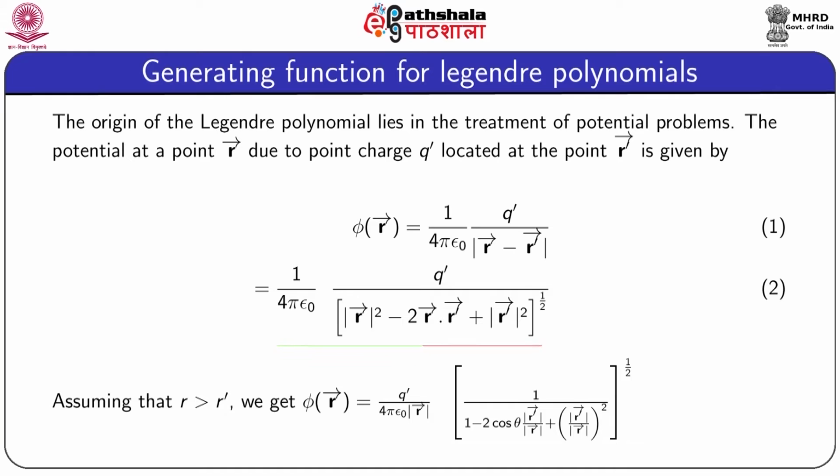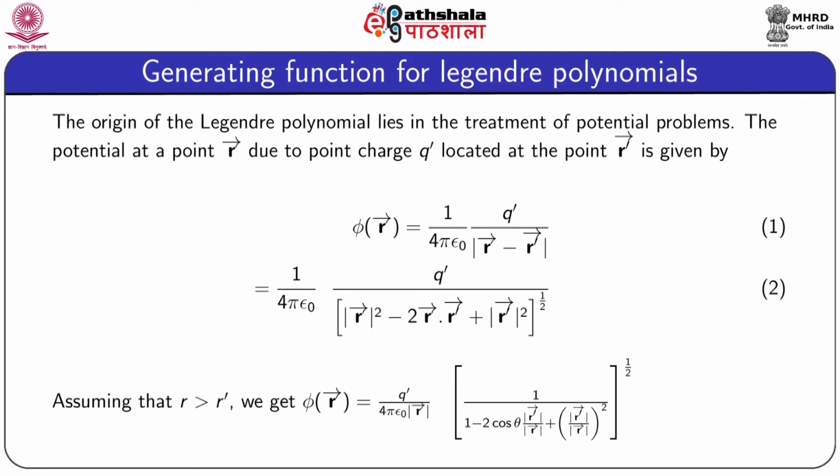This becomes a square minus a dot b plus b square in this form, that is here modulus r square minus 2 times r dot r dash, which is a dot product, plus mod r dash square under the square root sign. Assuming r is greater than r dash, we simplify expression 2 to get expression 3.